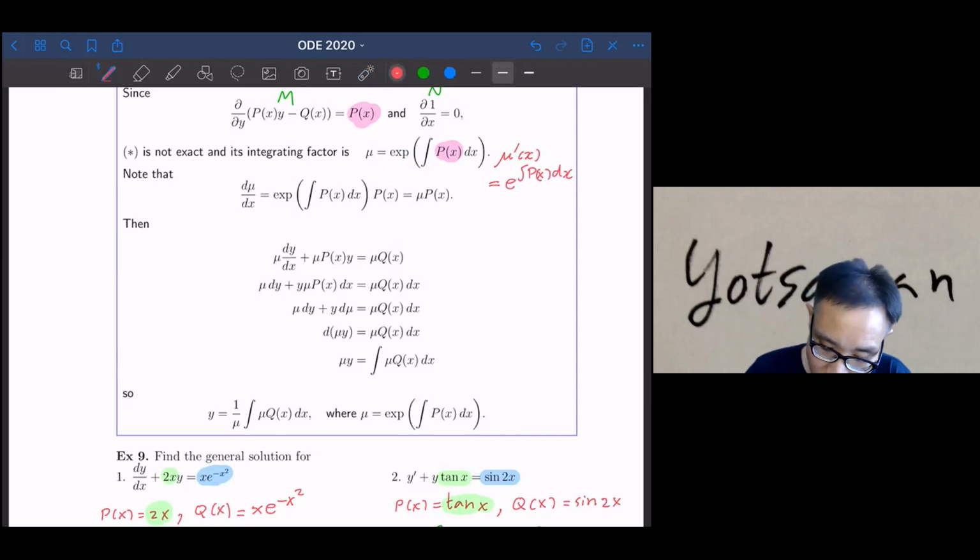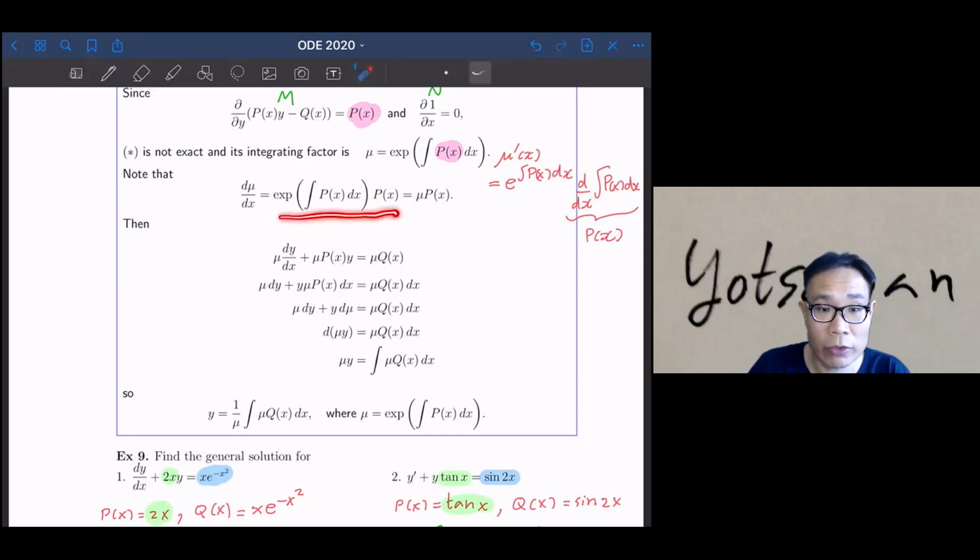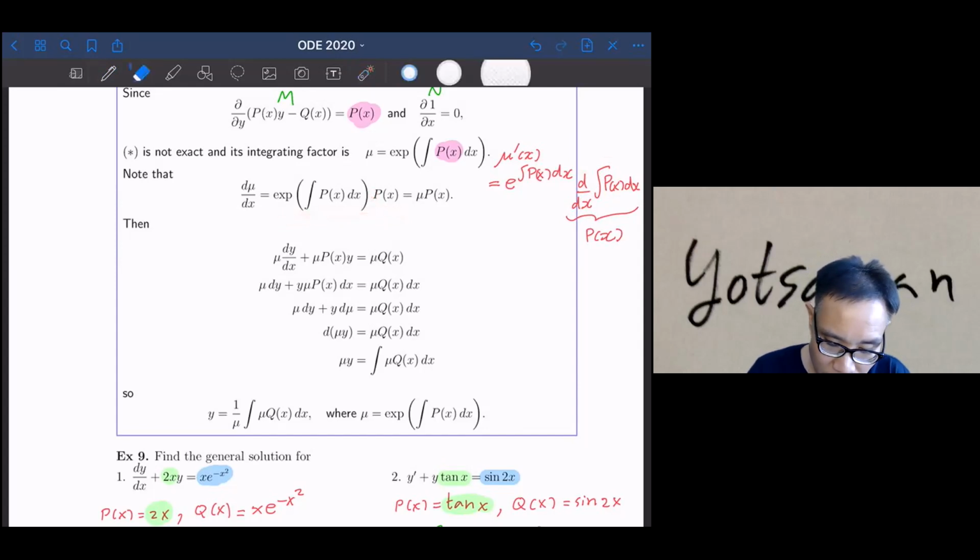And by using the chain rule, you differentiate the inside, so it's d/dx of the integral of p(x) dx. When you differentiate an integral, they cancel each other, so this will be just p(x). And that will be our result that I wrote here: the exponential of the integral of p(x) dx multiplied with p(x). And the nice thing turned out to be, hey, this is equal to mu.